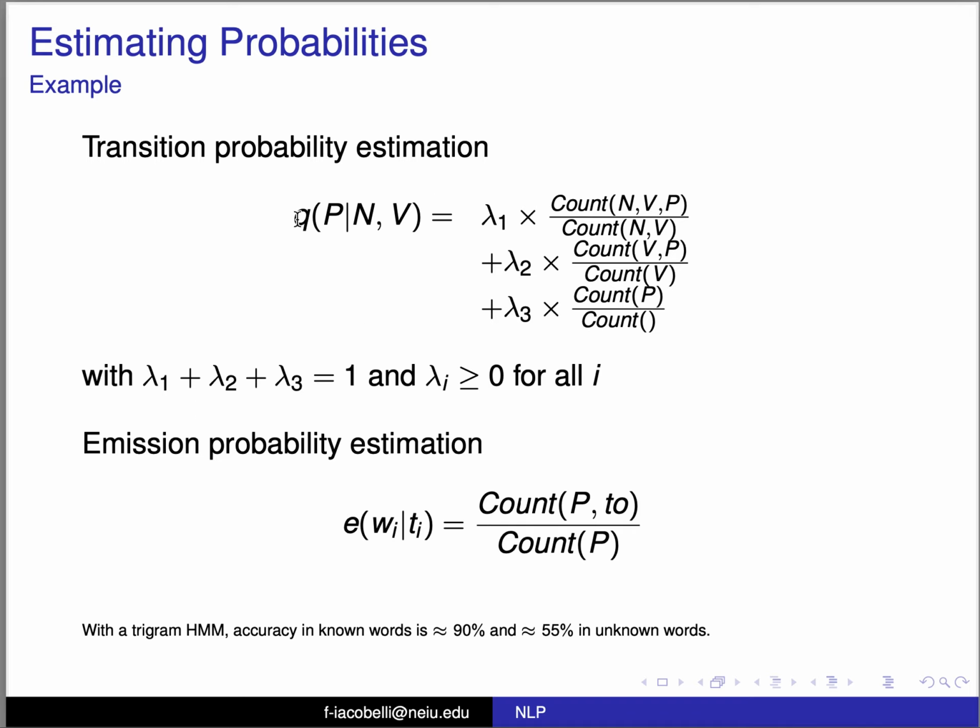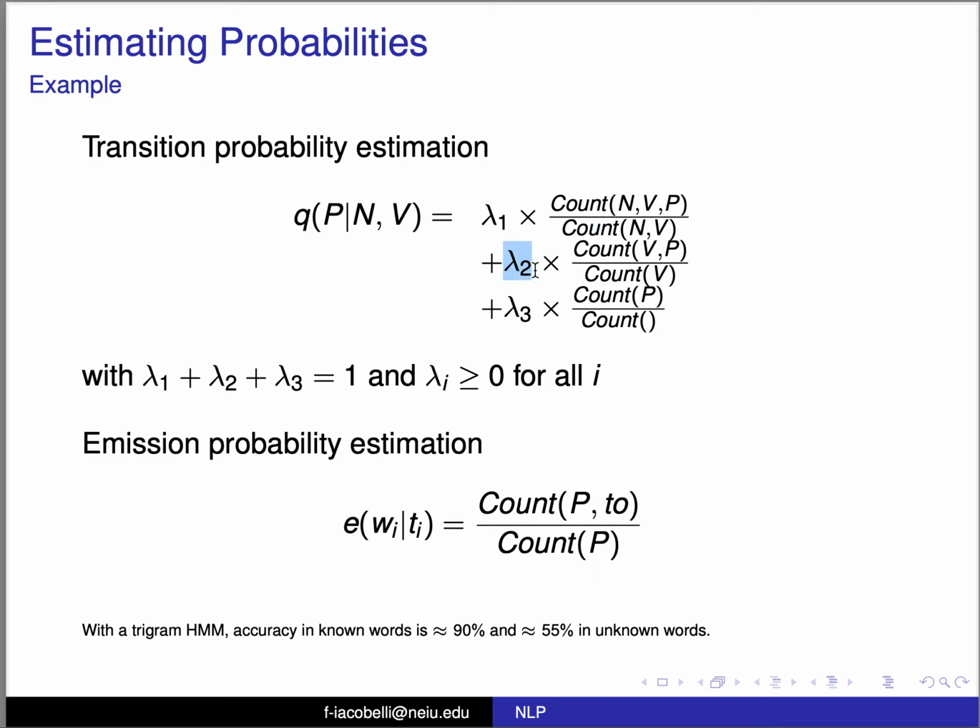For example, if I want to see the probability of P following N and V, I'm going to have lambda 1 times the count in my corpus, in my training data, of how many times I saw noun, V, and P divided by how many times I saw noun and verb.